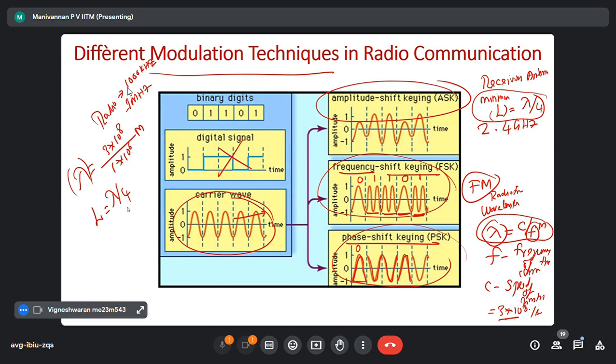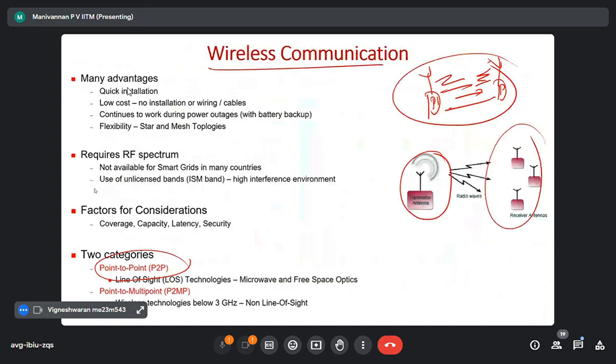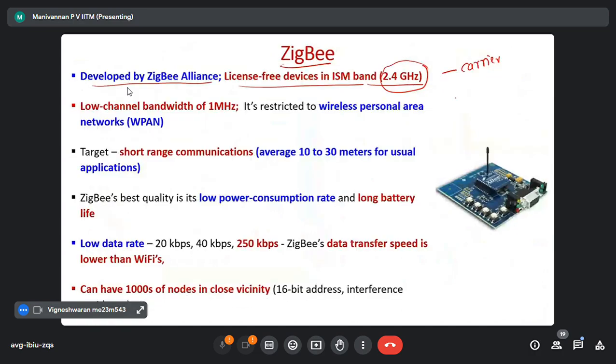Lambda by 4 should be the minimum length of the receiving antenna for good quality reception. It can be bigger, but at least it should be lambda by 4. In the case of our cell phone, Zigbee, lambda equals 3 into 10 power 8 divided by 2.4 into 10 power 9 meters.